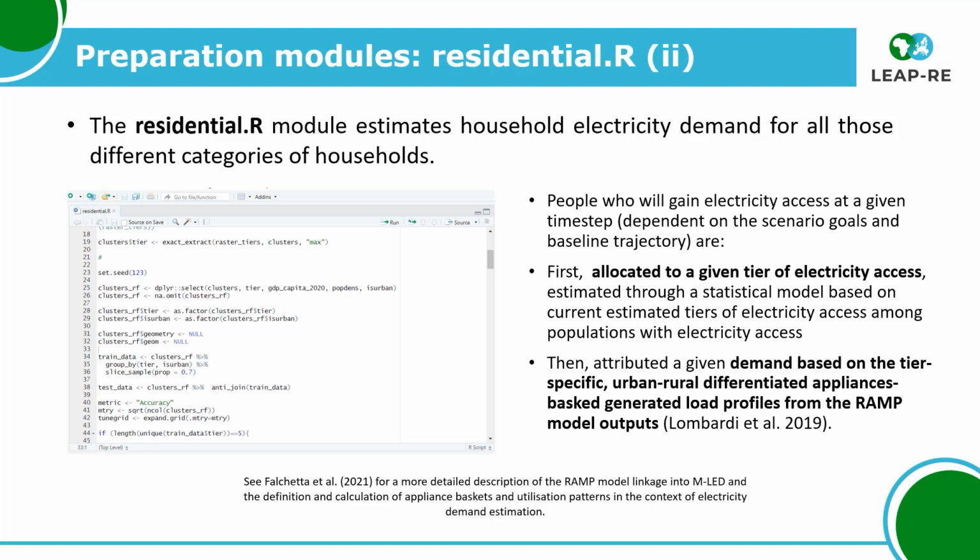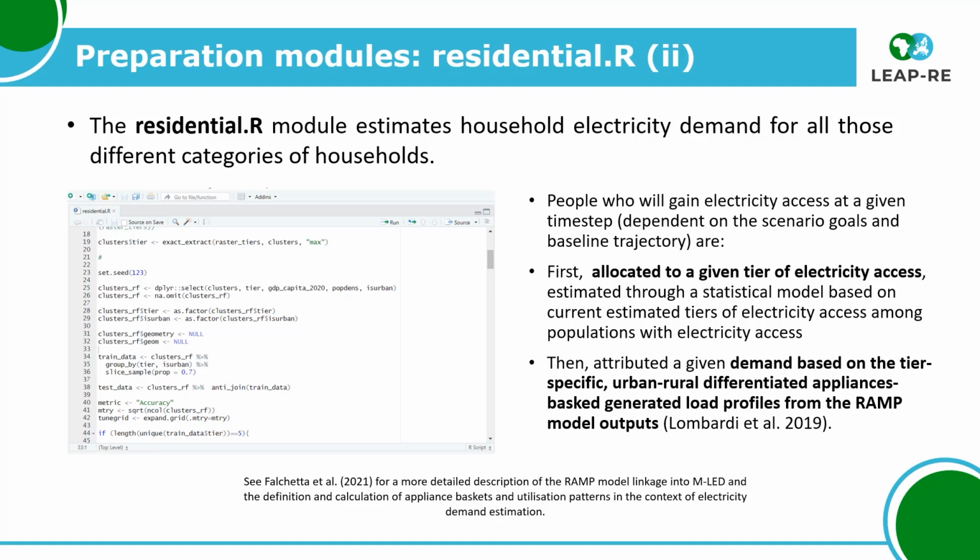So suppose that today we know that clusters with a given wealth level have a certain level of energy access, then we can assume that settlements that will have a similar wealth level in the future, when they gain electricity access, will be expected to have a similar level of electricity access to those today that have that affluence level. So this kind of similarity or resemblance approach is used to attribute a given future demand to communities that today have no access to electricity.